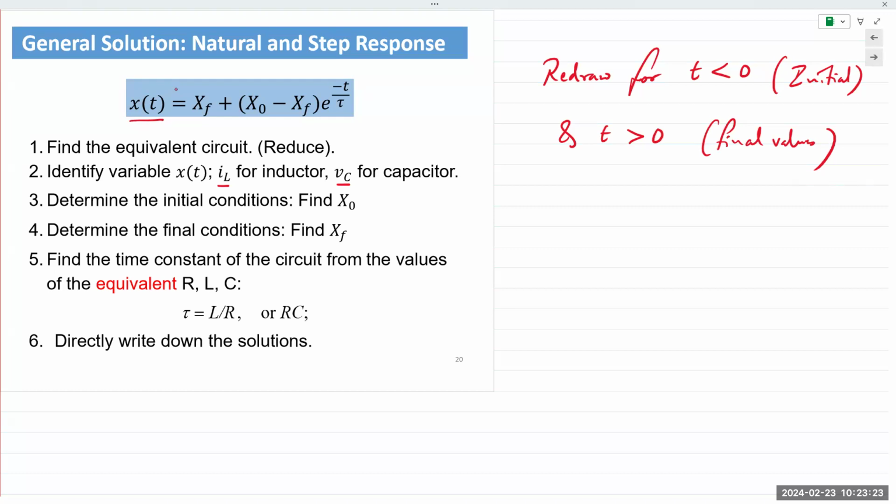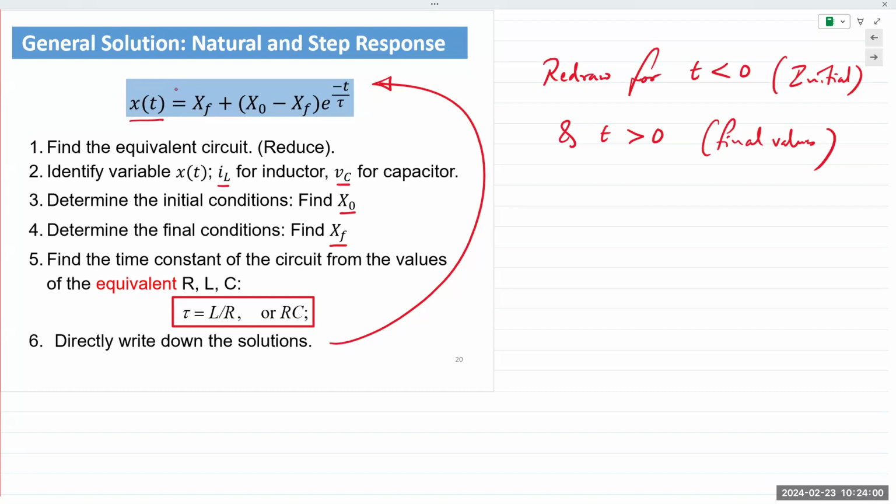Once you have those values, you find the time constant tau, which again comes from standard equations, and then directly plug the values into this expression, and you have your answer. And that's it. As easy as that.